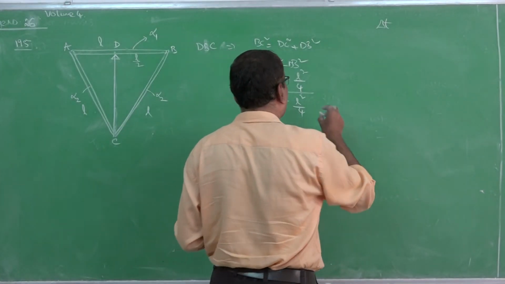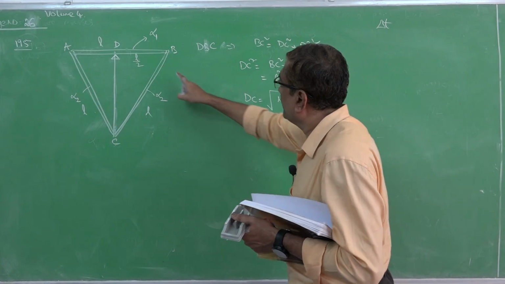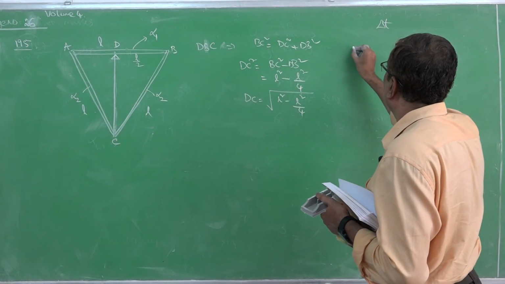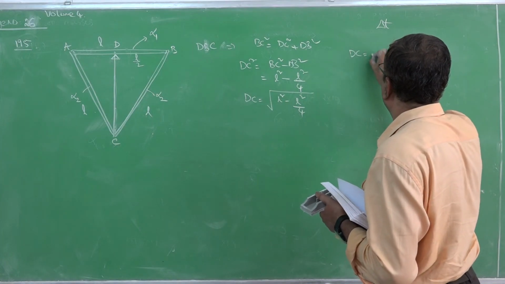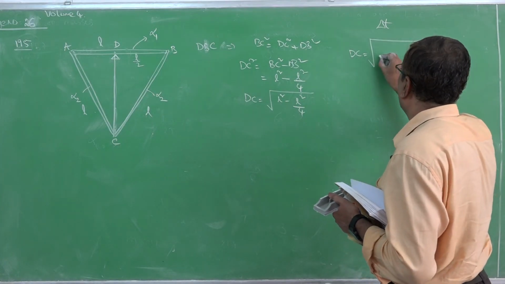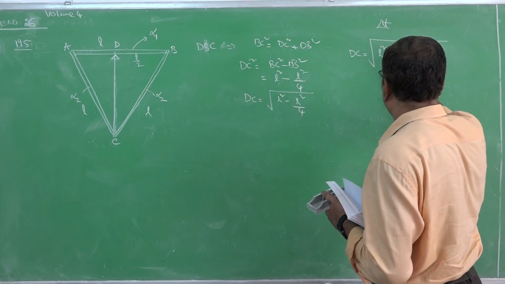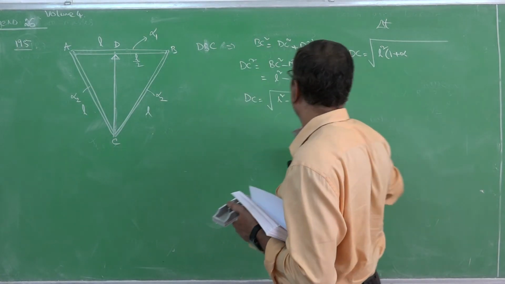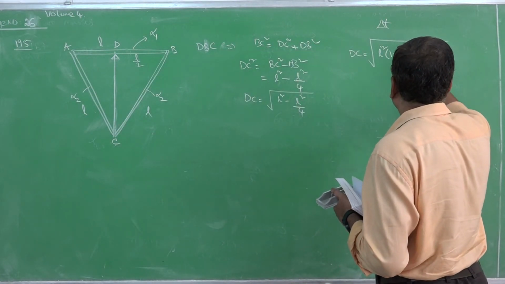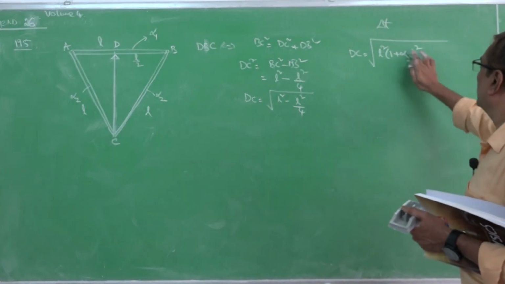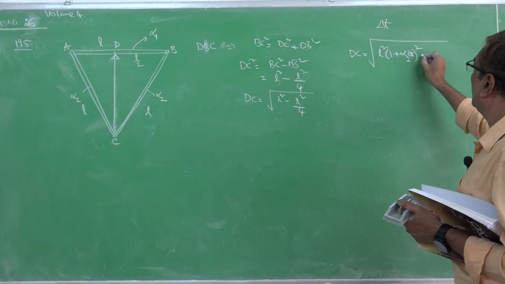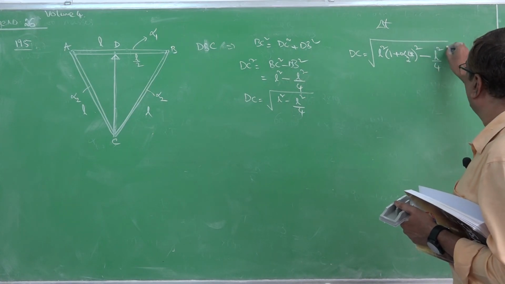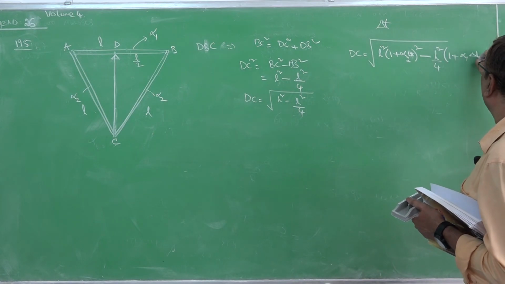So this length increases differently from this length. In this length BC part is L square. So for that, DC is equal to square root of L square into (1 plus alpha 2 delta T) whole square, because this part has alpha 2, minus L square by 4 into (1 plus alpha 1 delta T) whole square.